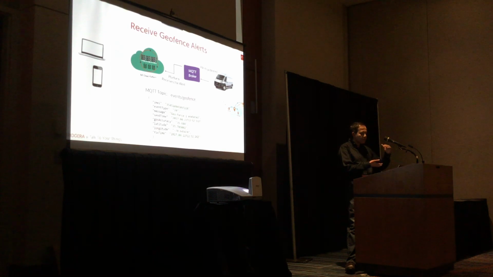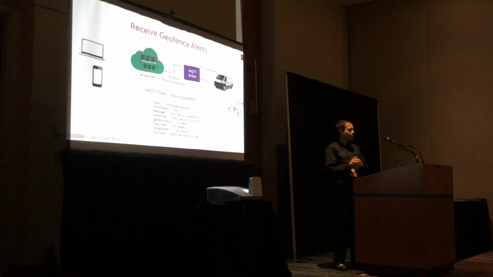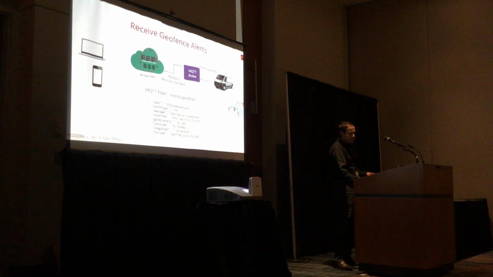So from the body of the message, the platform will know, hey, I got this message which is about a geofence alert, and it was sent by this device. It also has a message that the device entered into geofence 1, the current latitude, longitude of the device, the GPS accuracy, all this stuff, whatever the device wants to send.